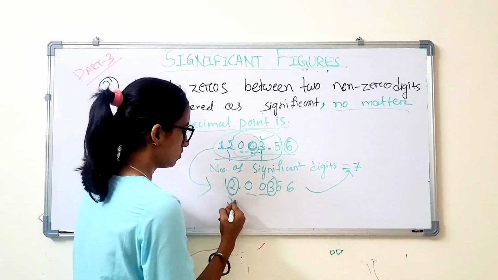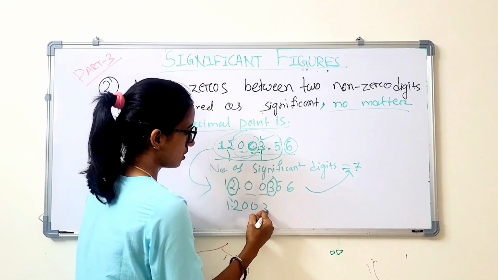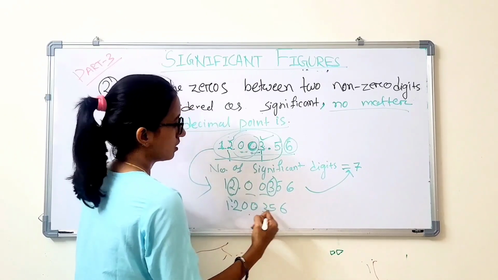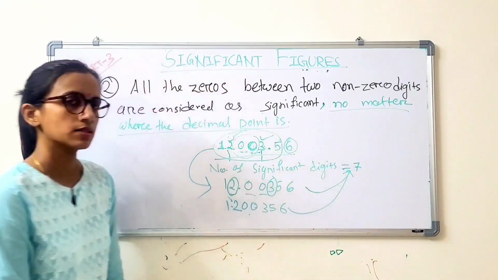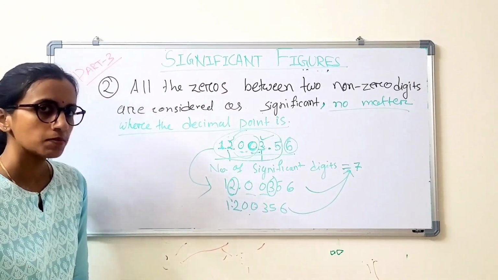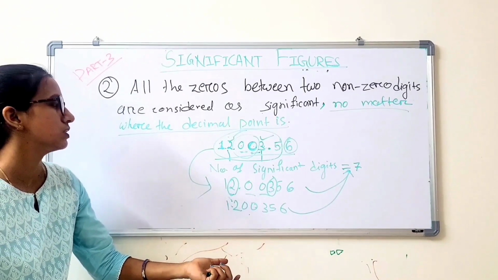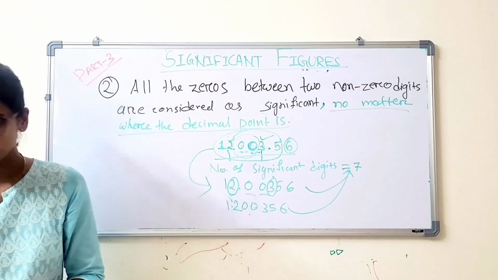If I put 1.200356, even here I can say that the number of significant digits is 7. So got my point? All the zeros in between two non-zero digits are considered significant. Next rule.